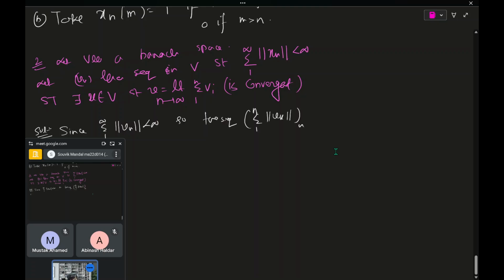Now the norm of the summation from 1 to n of v_k minus the summation from 1 to m of v_k is less than or equal to the absolute value of the summation from 1 to n of norm v_k minus the summation from 1 to m of norm v_k. And so therefore the sequence w_n is Cauchy.